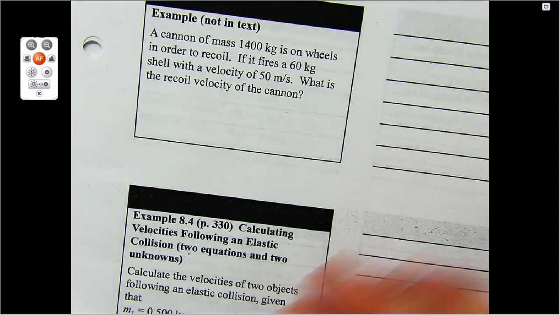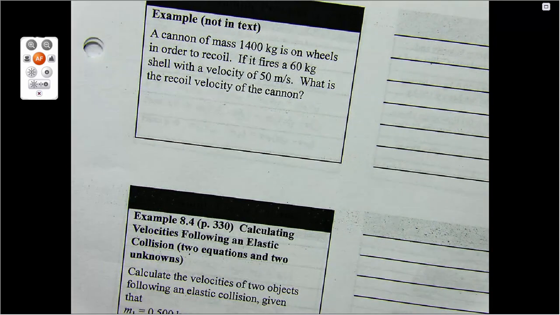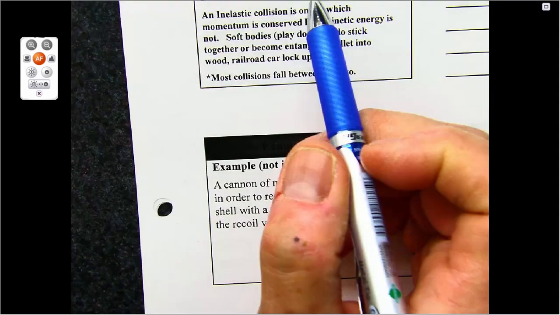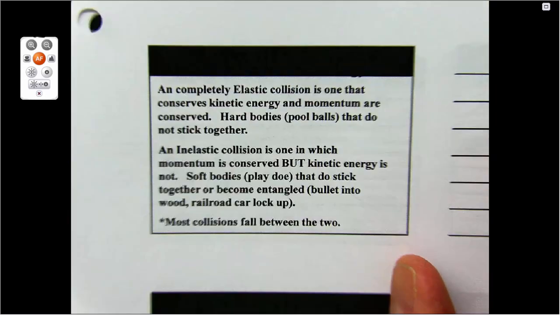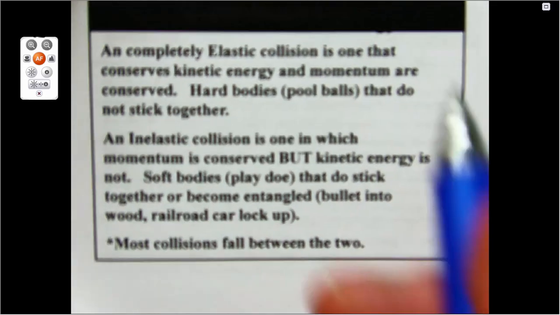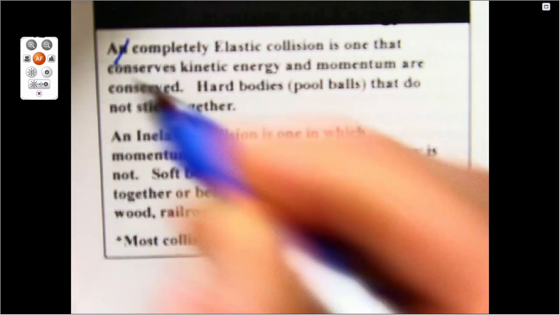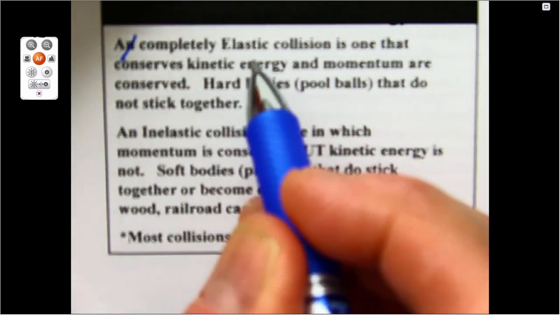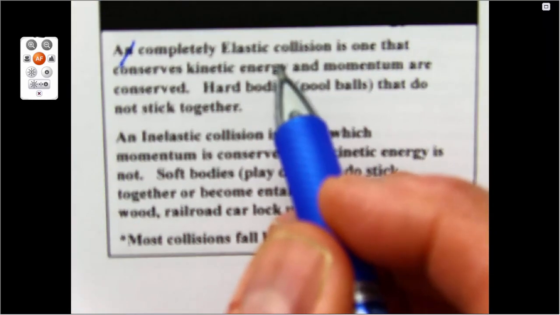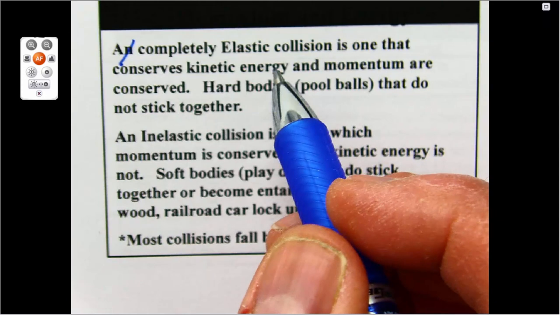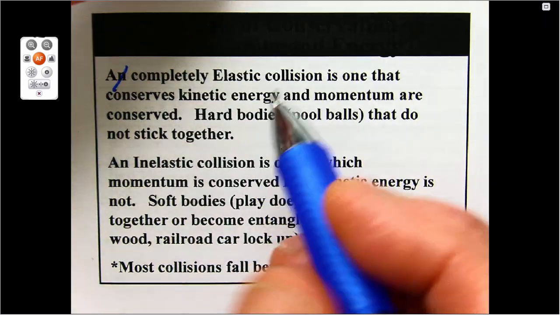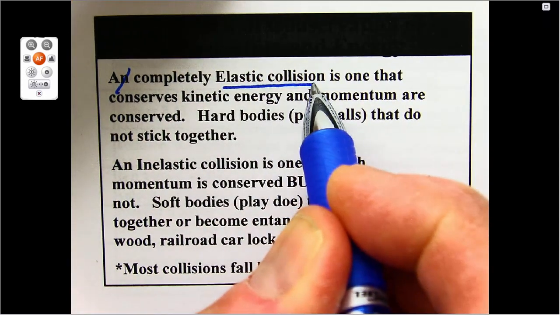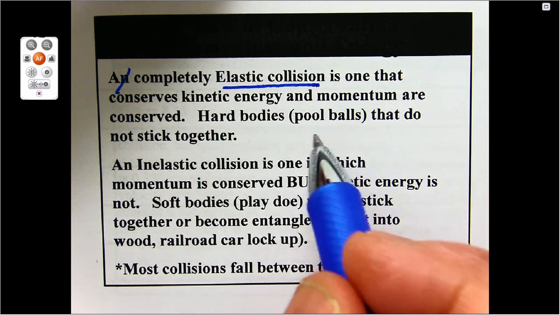Okay, so let's look at something like this. For a completely elastic collision, this is going to be a lot of your multiple choice. If it is an elastic collision, think of pool balls.